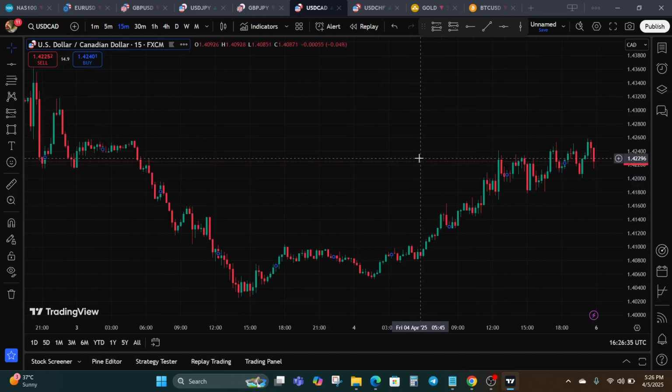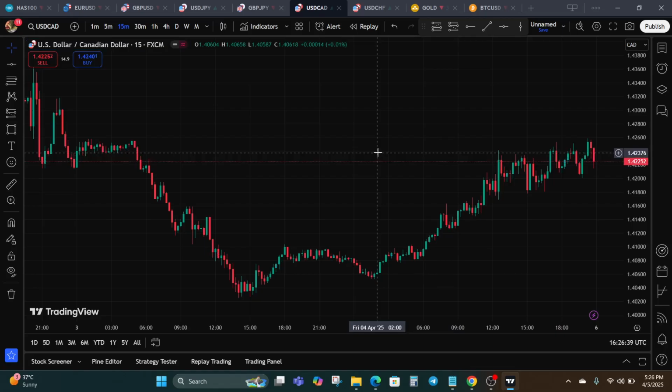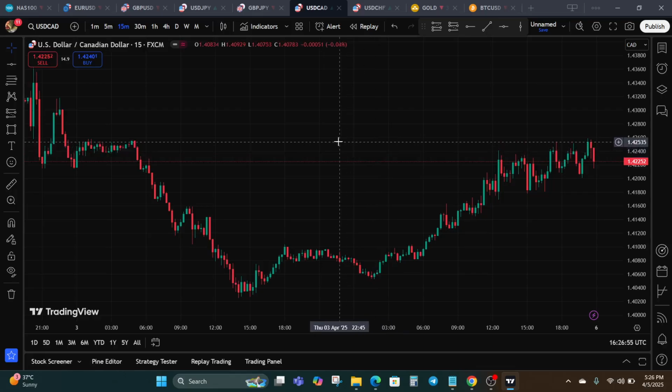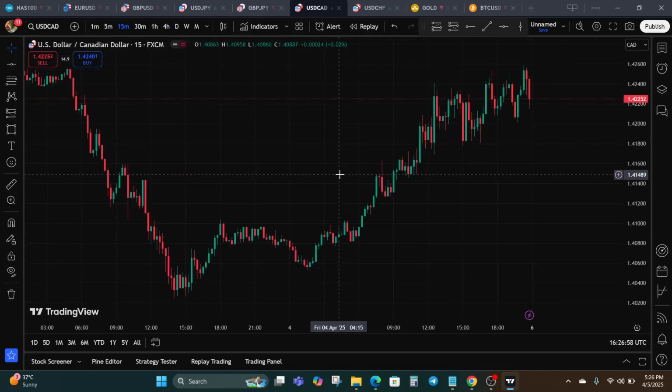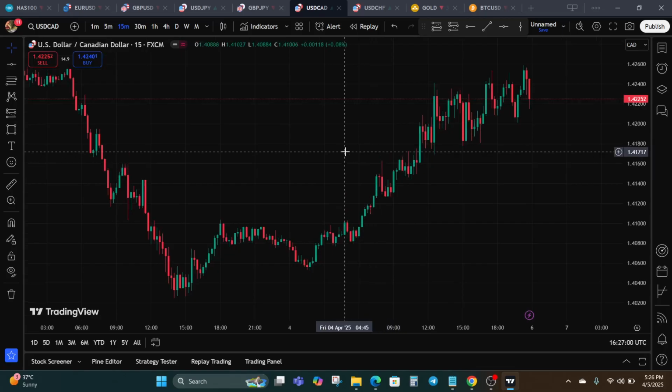The 15-minute chart is a great time frame because it offers a balance between fast trades and clarity, avoiding the noise you might often find on shorter time frames. And when combined with the exponential moving average, that is the EMA, it becomes a powerful tool for identifying trends and making more accurate trades.